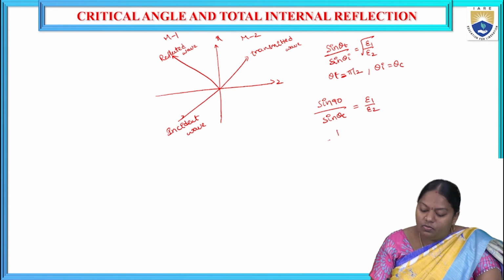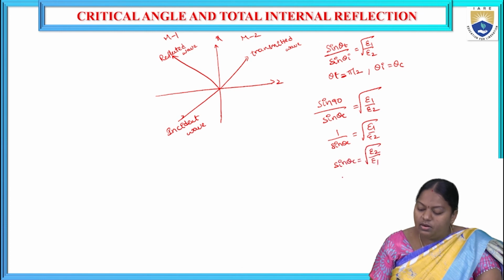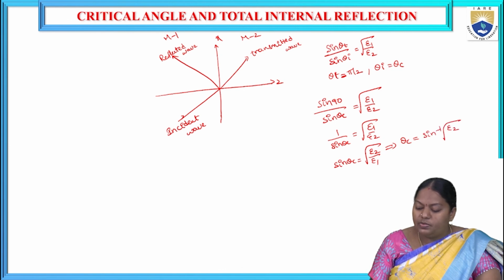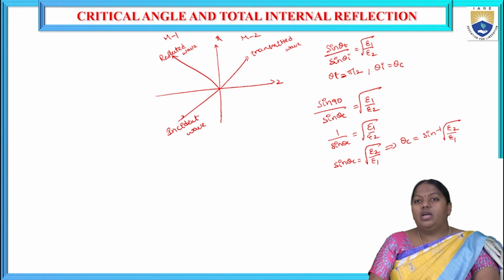Sin 90 is 1, so 1 by sin theta c equal to root over epsilon 1 by epsilon 2, or from this sin theta c equal to root over epsilon 2 by epsilon 1. Now from this I am going to calculate the critical angle, which is represented with theta c, and it is given by sine inverse of root over epsilon 2 by epsilon 1.